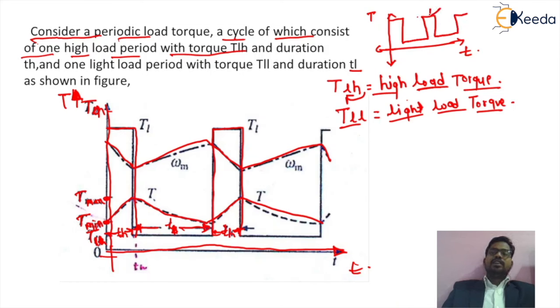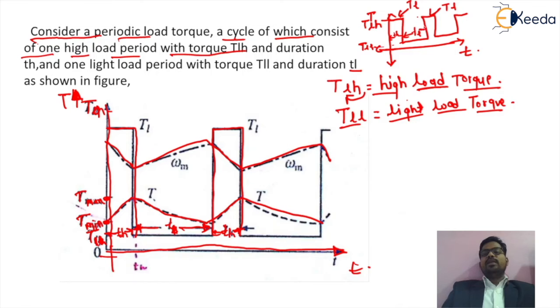This is called the load torque, and this is the high load torque, which we call TLH. TLH means high load torque, and this will be the load torque for TLL. TLL means light load torque. The timing for the high load torque is called TH, and the timing for the light load torque is called TL.